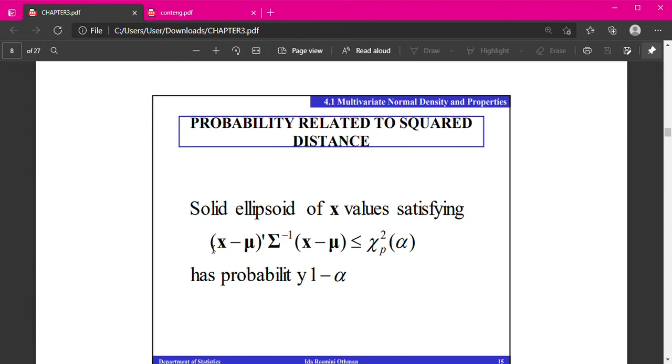So bila z square, you squarekan z, you akan dapat chi square 1. Betul tak? Chi square 1 because of satu sebab kita deal dengan satu variable sahaja x.